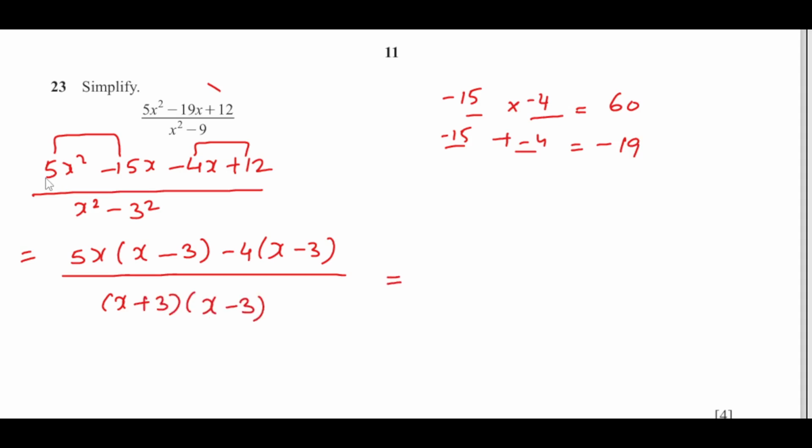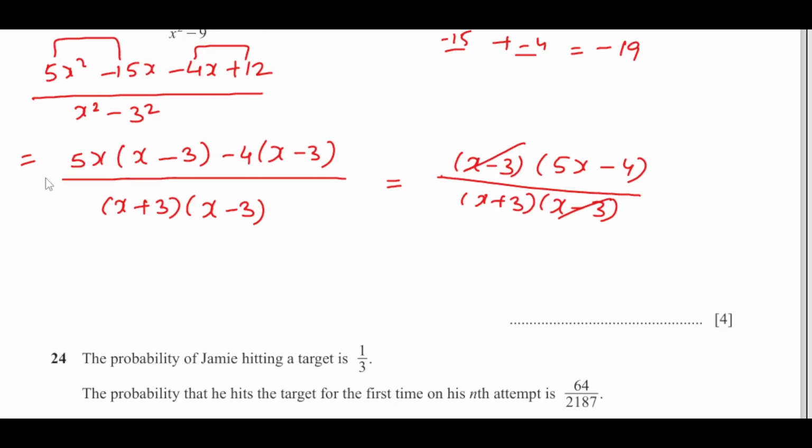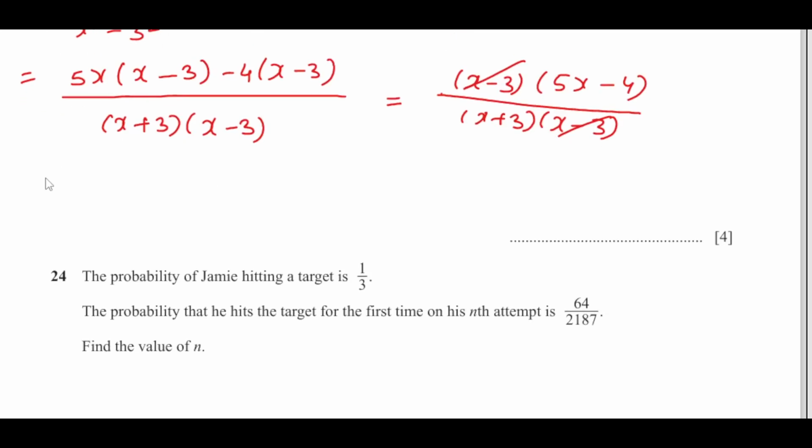Then we will have x minus 3 common from the numerator. Inside we have 5x minus 4. So this and this cancel, so we are left with only 5x minus 4 over x plus 3 as the answer.